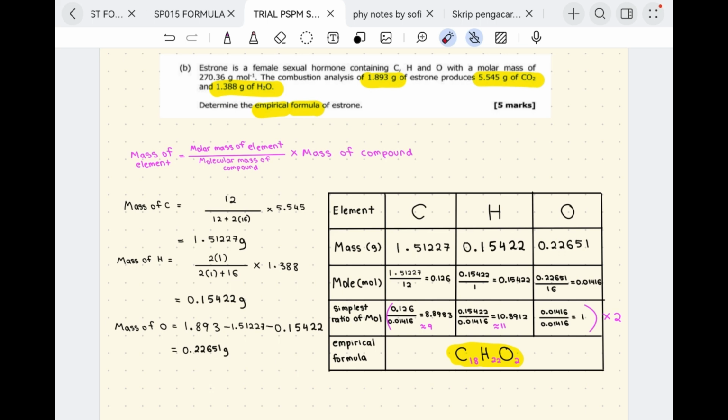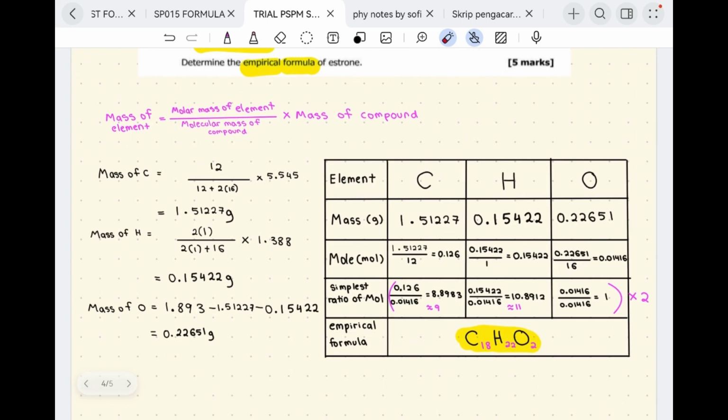Okay, now we know all of the element masses, and only now can we calculate to find the empirical formula of the compound.